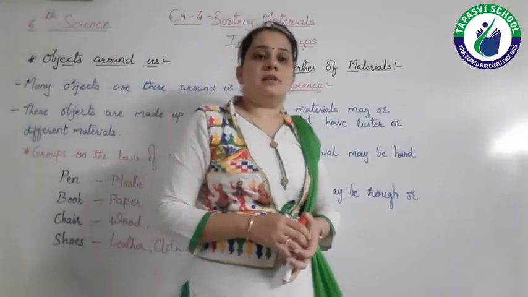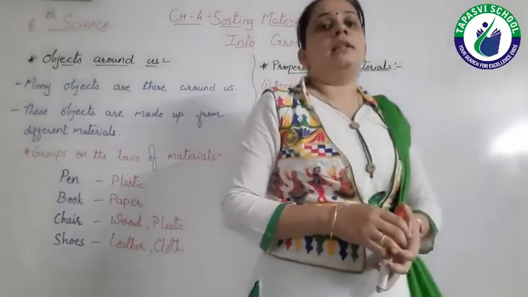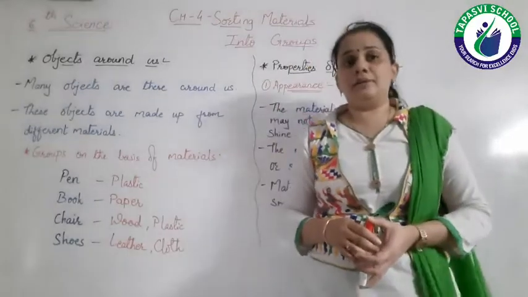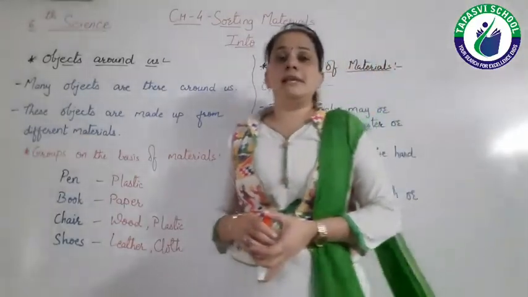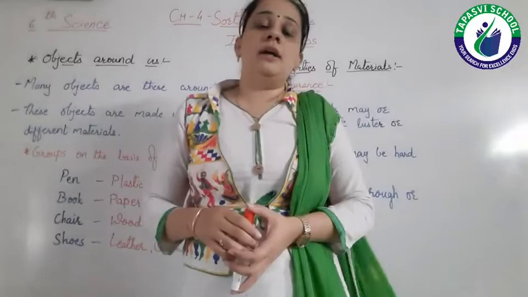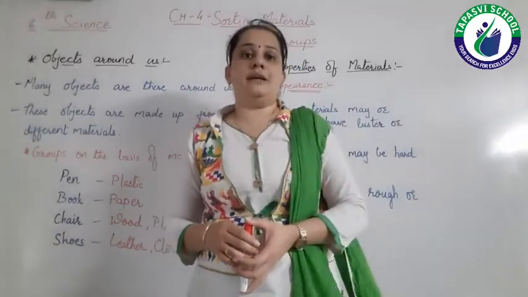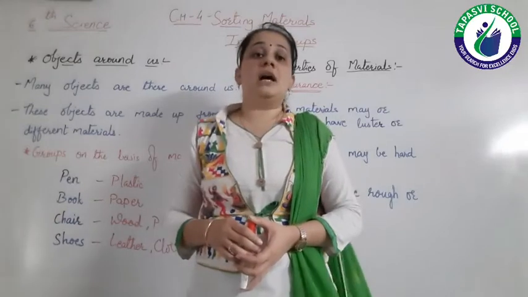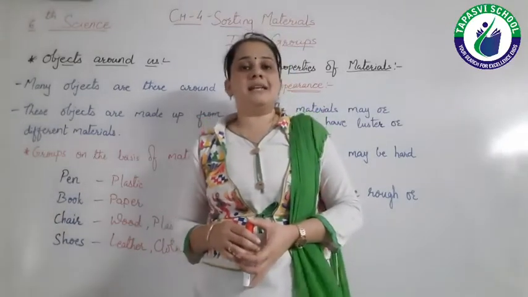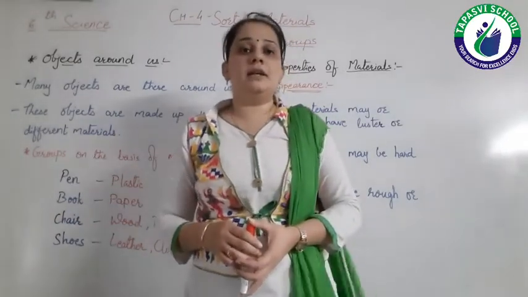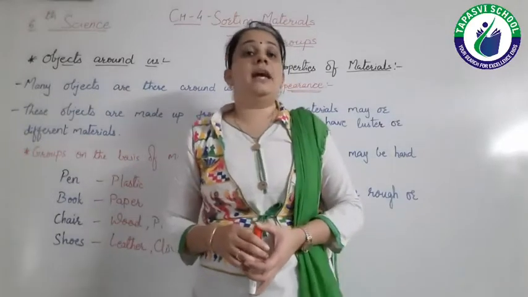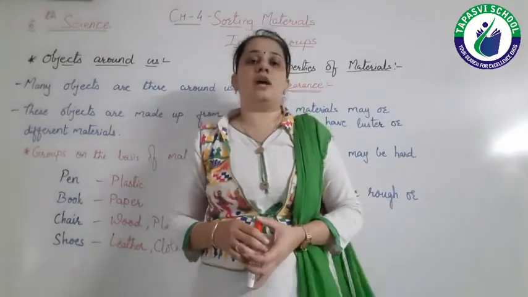The metals, say for example, the iron, aluminium, gold, silver, copper, these all have luster or shine. Okay, while the other materials like plastic, wood, leather, cotton, they do not have shine.